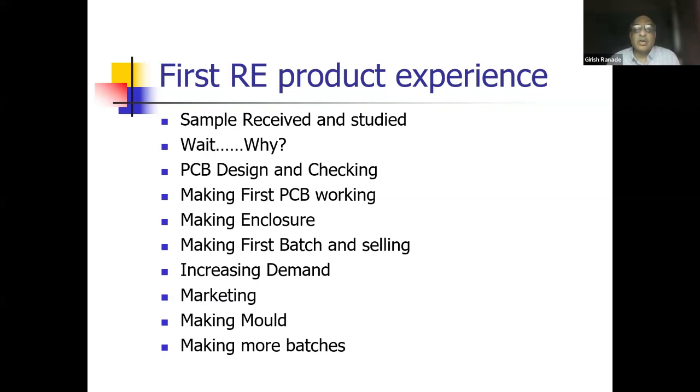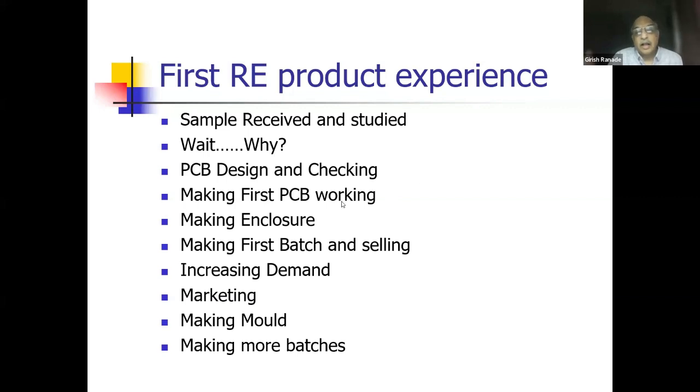Then immediately I cut open all the ICs, and luckily all the IC numbers were already printed. They were not rubbed out. And I gave that to a well-known PCB designer and asked them to copy it 1 to 1. Don't ask me the circuit, it is like this only, we have to do it. Luckily at that time it was a double-sided or PTH PCB only.